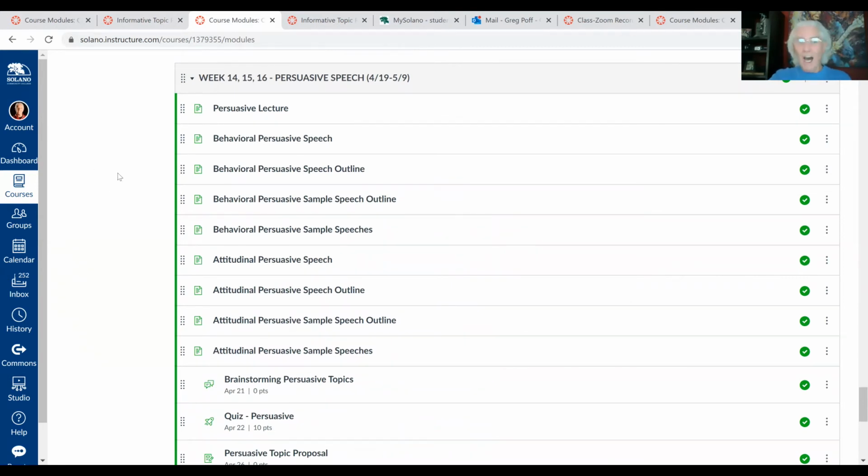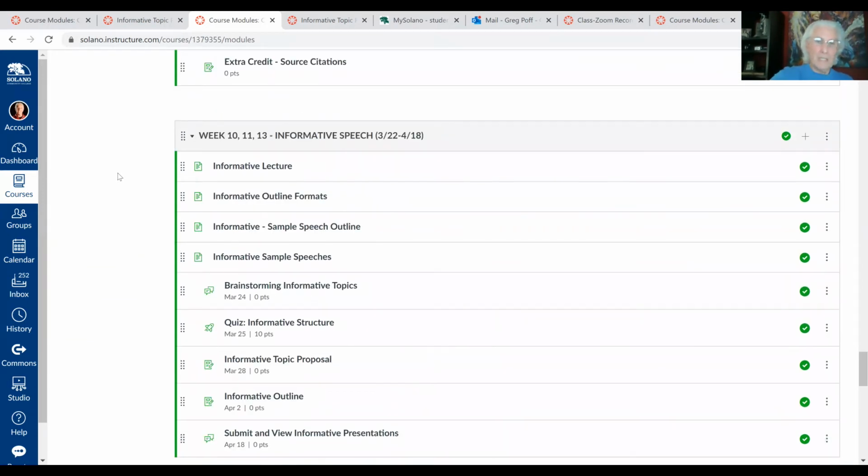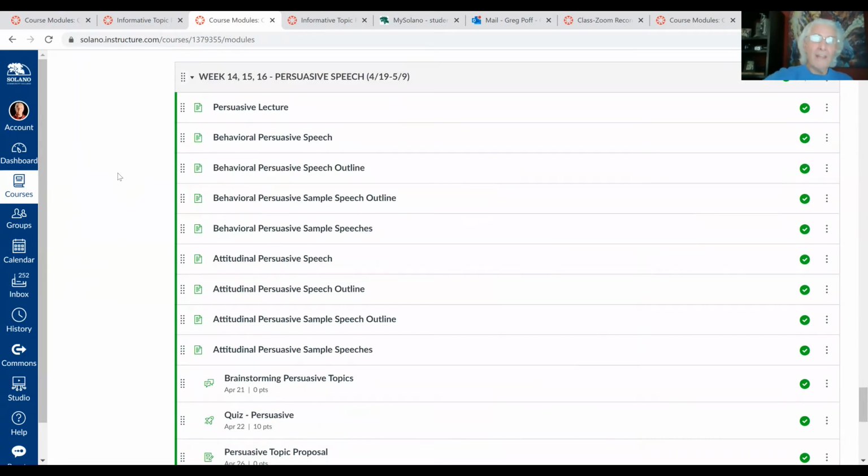So if you decide that for your informative speech, you'd rather do a persuasive speech, then that means that once you identify the topic, whether it's a behavioral persuasive speech or it's an attitudinal persuasive speech, you then want to be able to go here and use the outline format. Let's go ahead and take a look.